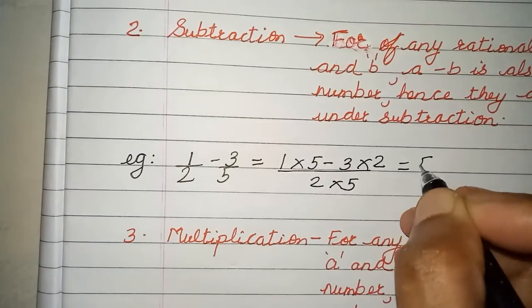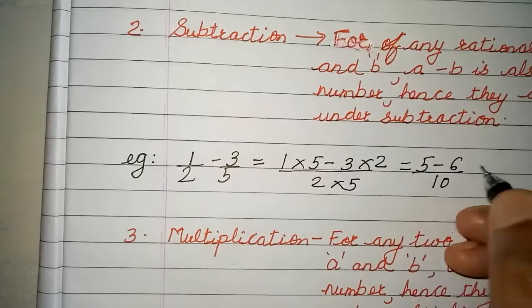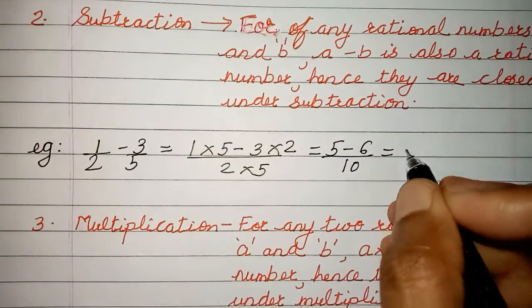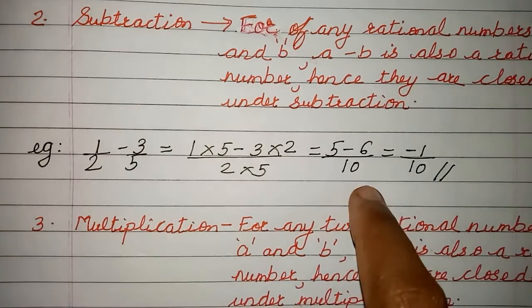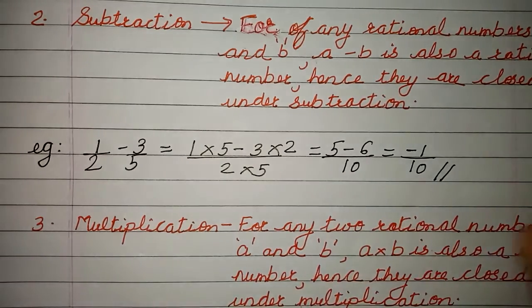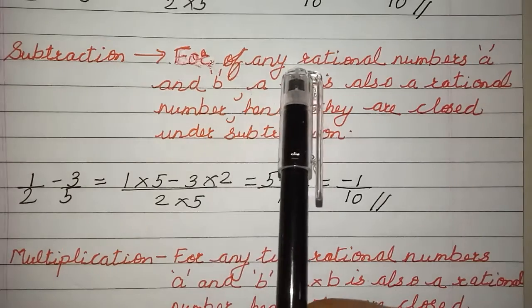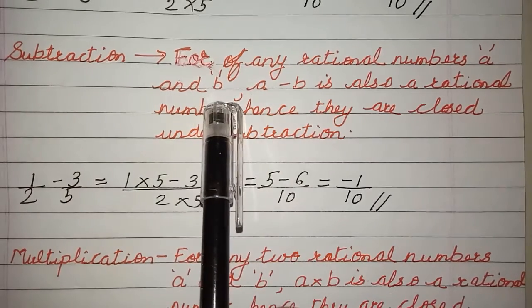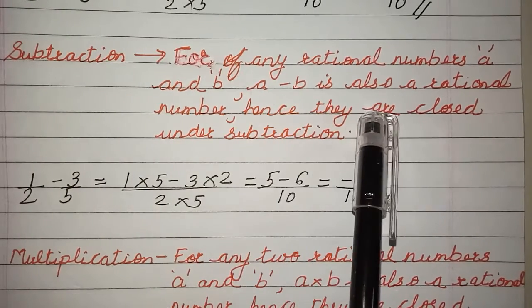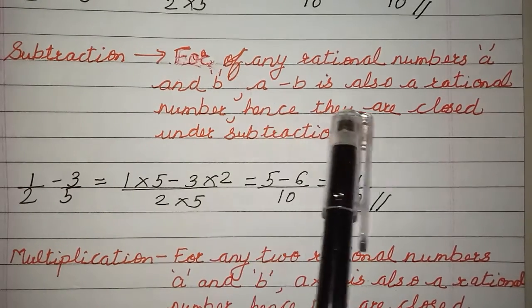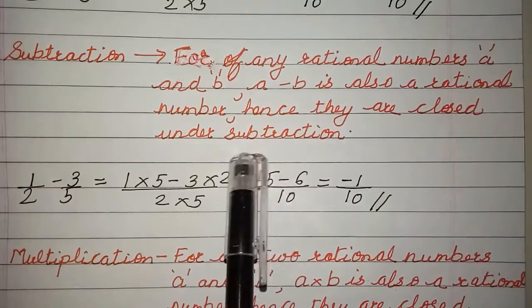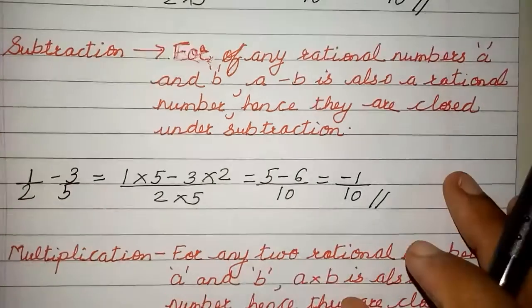If I solve this, what I get is 5 minus 6, which is minus 1 by 10. The final answer is again a rational number. That is why I have told here, for any rational numbers a and b, a minus b is also a rational number. So what do I say? Rational numbers are closed under subtraction.